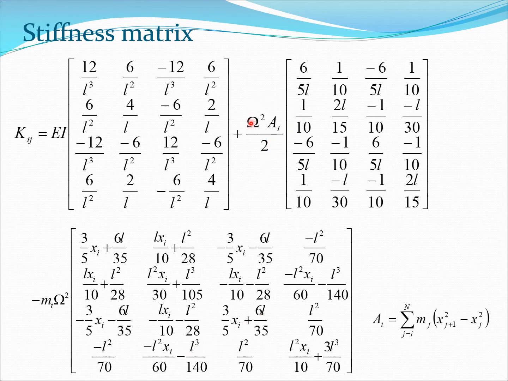One of these terms depends on a factor ai here, which is defined as follows: sum over j from i to n of mj times xj plus 1 square minus xj square, and the other term is given here again. So this term depends on mass, this term also depends on mass. And these xi's, as I explained before, is the location of the left edge of element i.